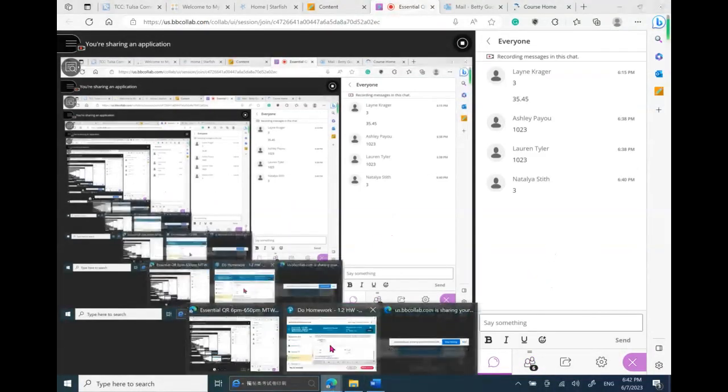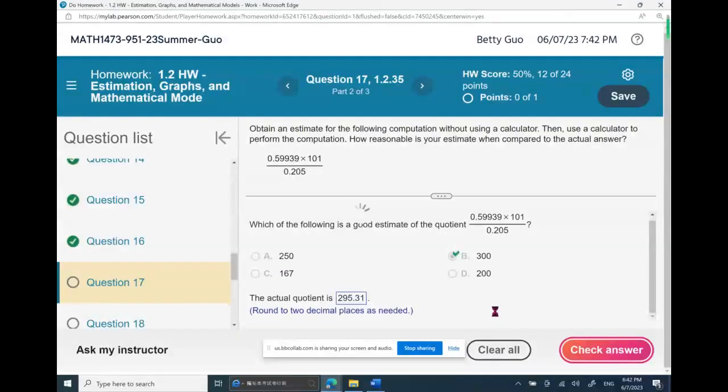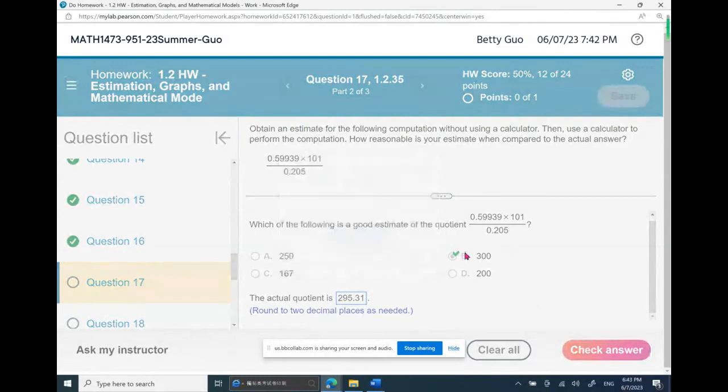Was it rounding to 2 decimal places? Yeah, 2 decimal places. Okay, I got 295.30. It's 31, right? Because it's 9. Oh, yeah, 9. Yeah, you're right. Yeah, exactly. We rounded up, 31. Awesome. Very good. Thank you for your participation.